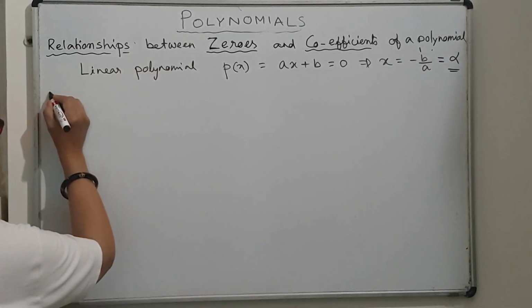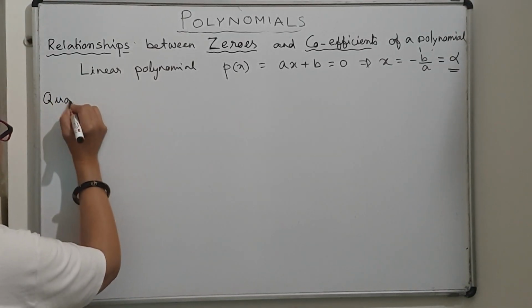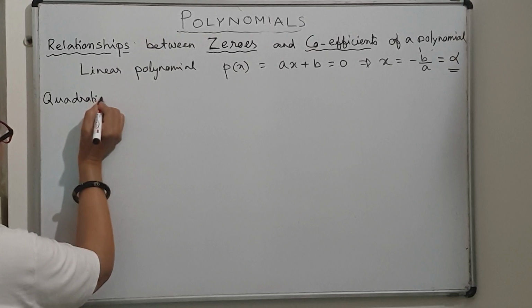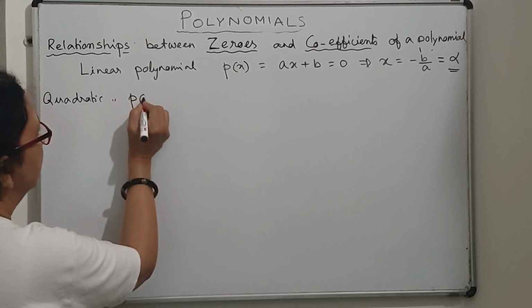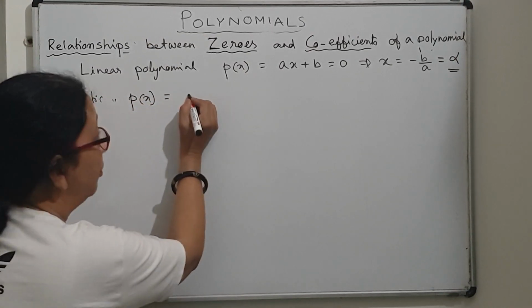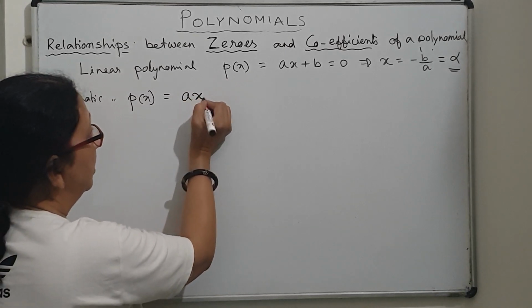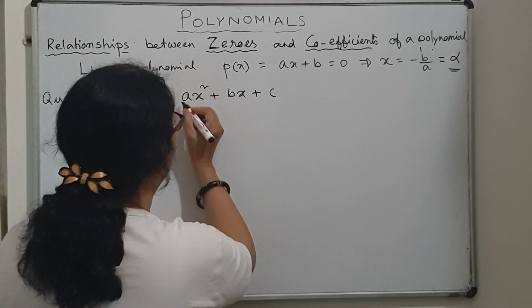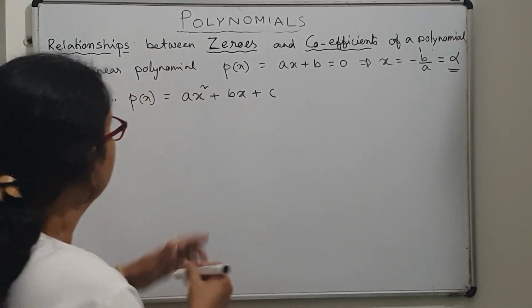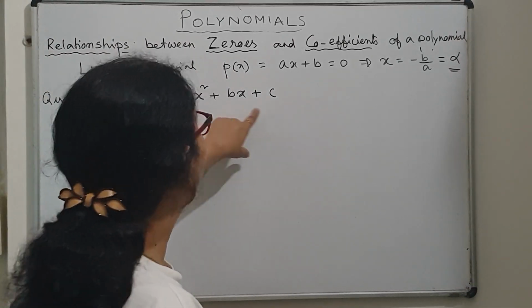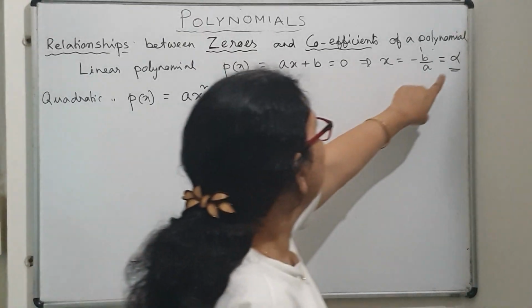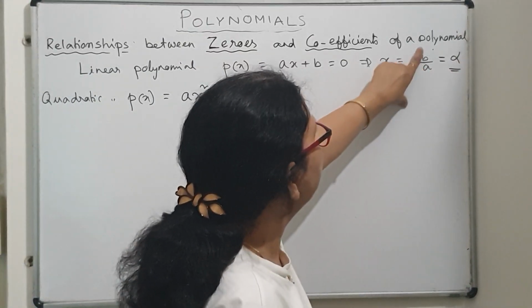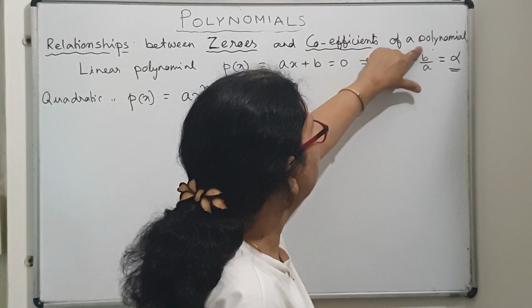Next, for quadratic polynomial, the standard polynomial, as I've shown you, will be like this. That is, a, b, c are the real coefficients. So here you see that this zero is related with the real coefficient in this way, minus b upon a.